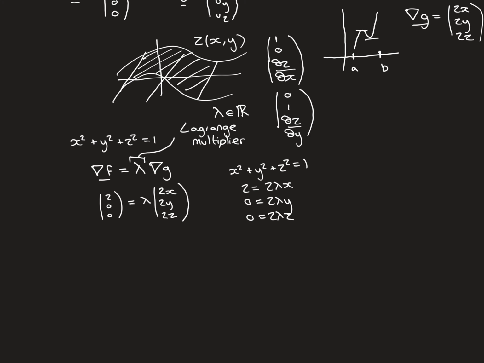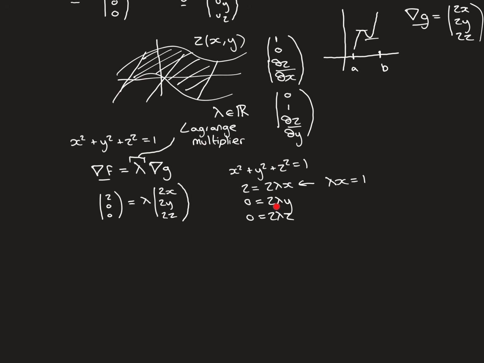So, where should we begin? From this one, we get that lambda x must equal 1. From these two, we know now that lambda cannot equal 0, because if lambda was equal to 0, this equation wouldn't work.